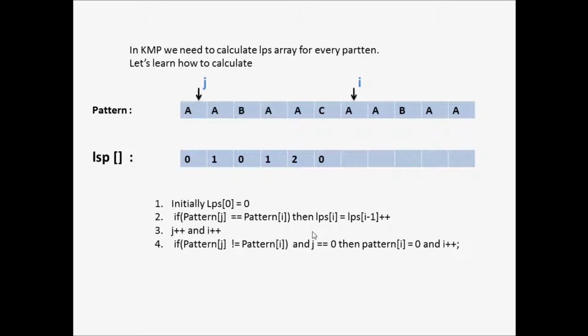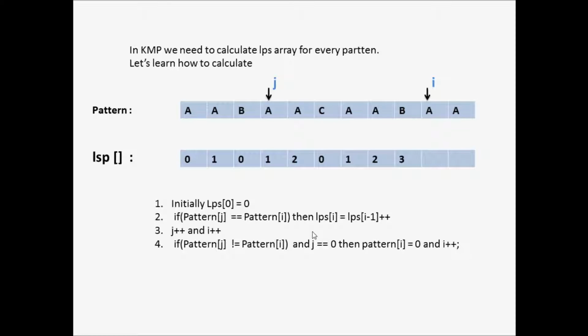Now A is equal. Pattern of j equals pattern of i, so LPS is the previous index value plus 1. The previous LPS value is 0, plus 1 means 1. Then j plus plus and i plus plus, again equal. The previous LPS is 1, so we make it 2. Again equal, the previous LPS is 2, so 3.